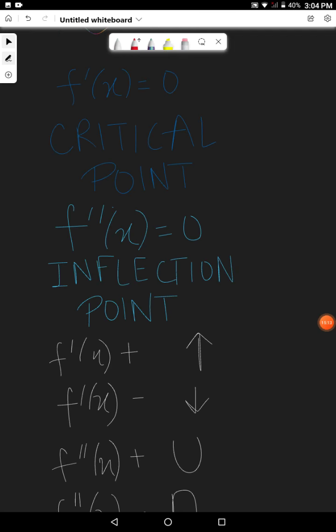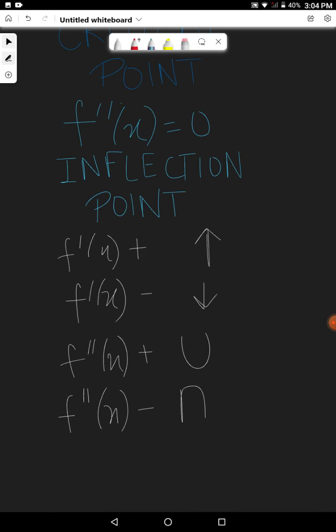So at last, as I said, now I'm going to tell you how to remember. First of all, if we put f dash x equal to 0, what do we get? Critical points. And when we put f double dash equal to 0, we will get the inflection points, right?